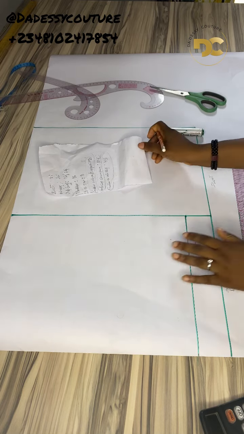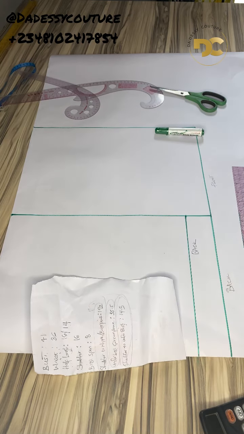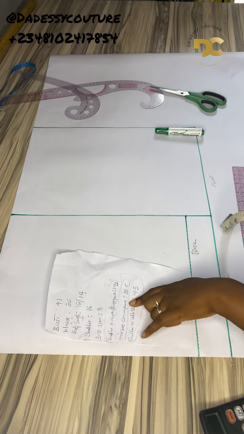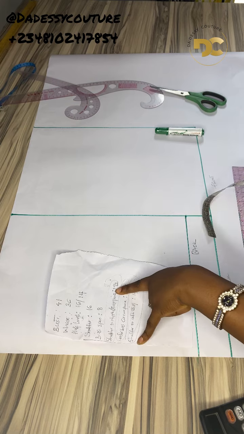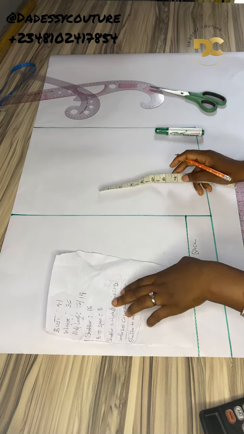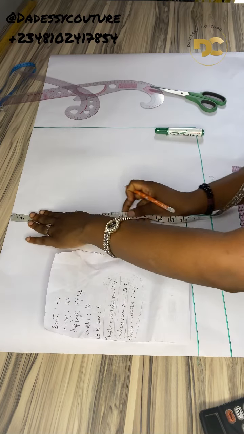Excuse me. So now the next thing, I'm going to be putting in all these measurements. Like I said, it is optional, but I still want to use this to draft the corset, so I'm going to be using this. So I'll be drawing my lines.